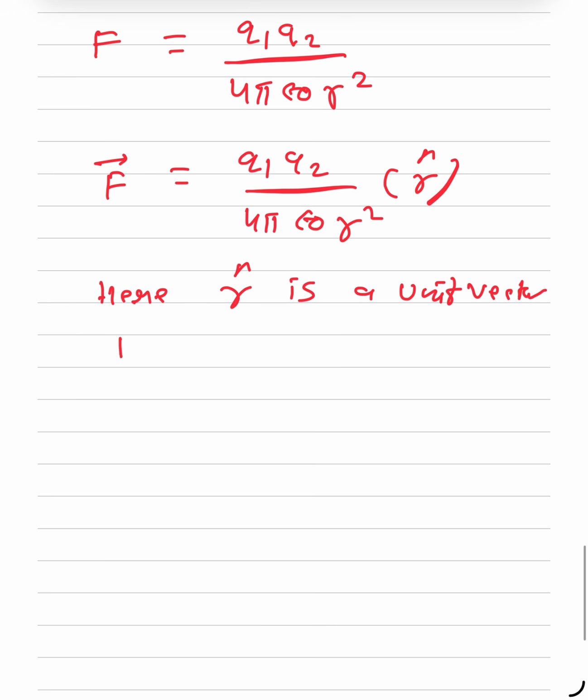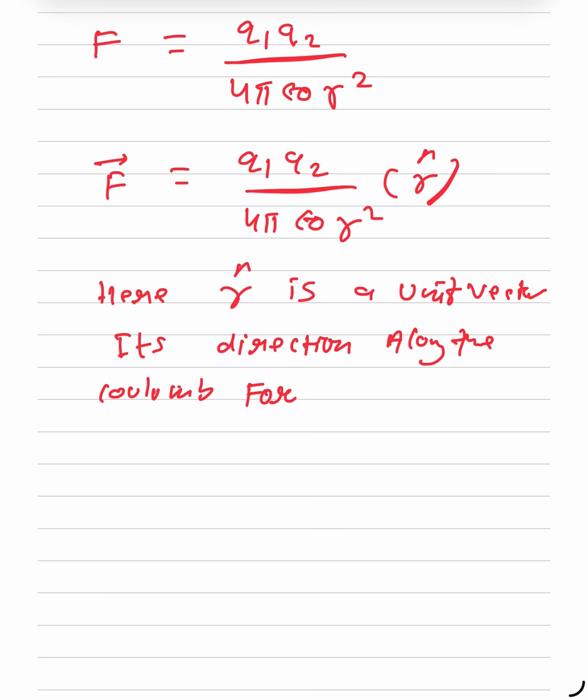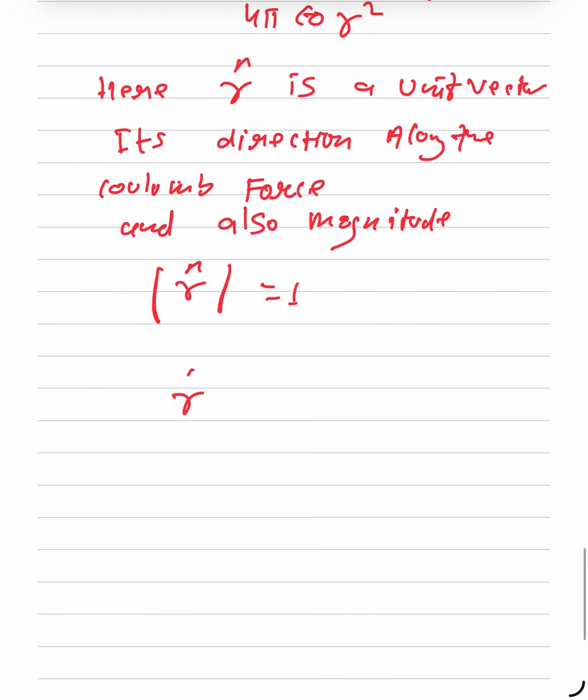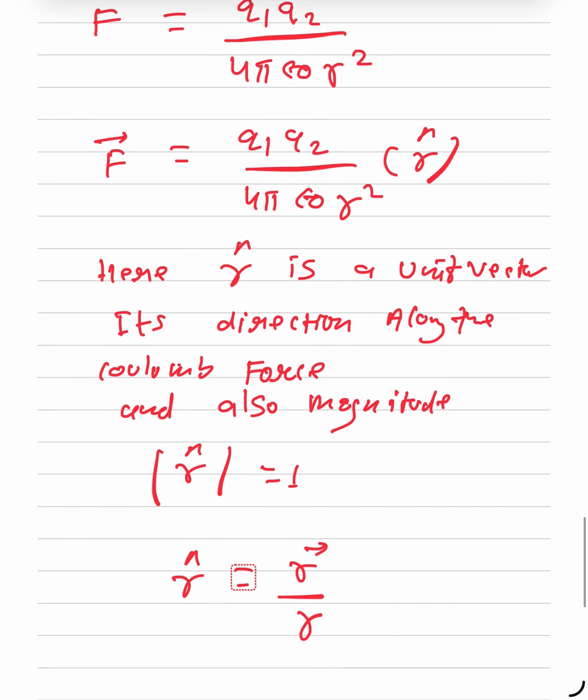Its direction is along the Coulomb force, and its magnitude is equal to 1, and r cap equals vector r divided by r, and this value is put here.